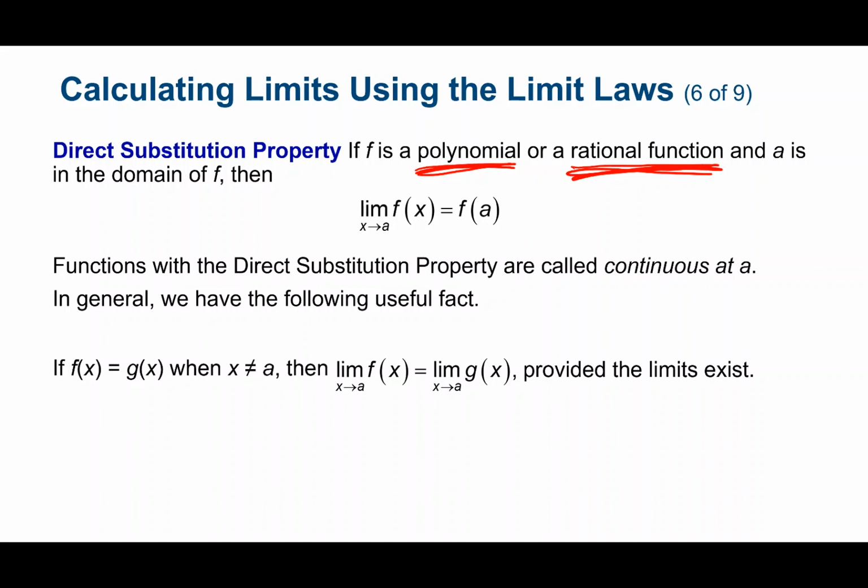We will look at that property more in depth, but right now we just want to look at some examples. So let's do that. Let's look at some examples, then we'll come back and finish these.